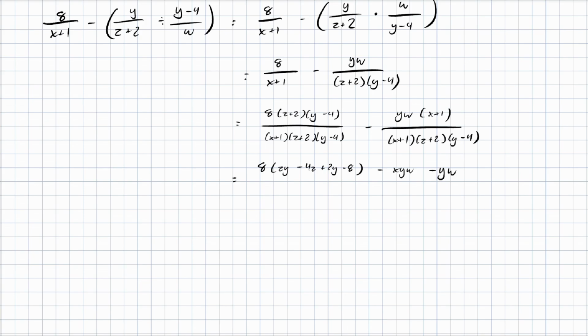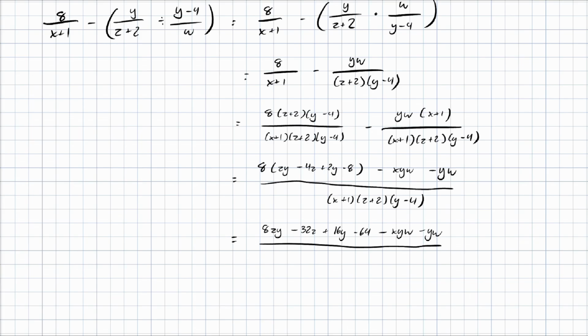Sorry, I'm trying to make sure everything's up to order. Over, I'm not going to bother expanding the denominator. Okay, this is equal to 8zy minus 32z plus 16y minus 64 minus xyw minus yw over the whole denominator, x plus 1 times z plus 2 times y minus 4.